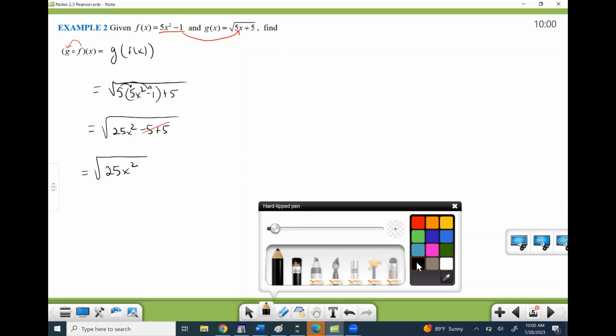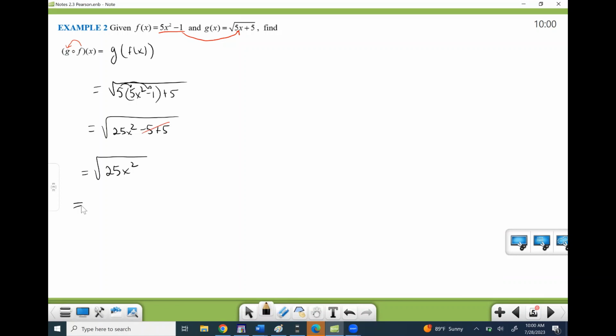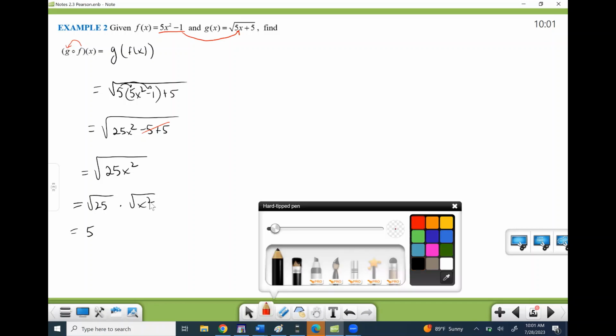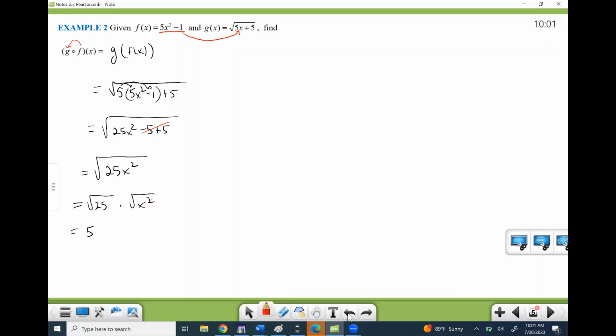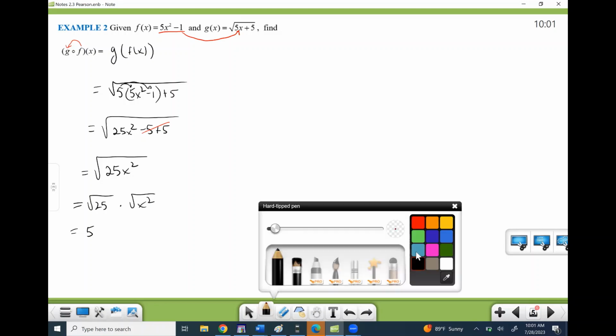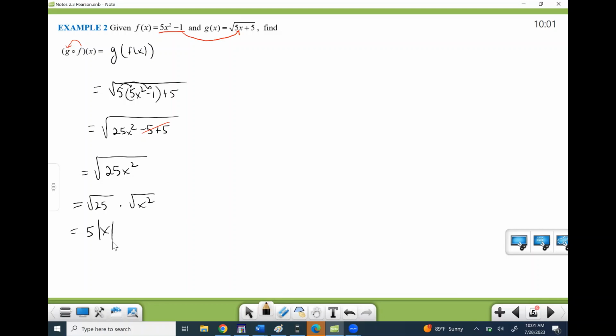All right, so now this is going to be 5. So let's split it up. This is going to be the square root of 25 times the square root of x squared. So this is going to be 5. And it turns out that these do not just cancel in the way that the other ones did. This actually becomes the absolute value of x.